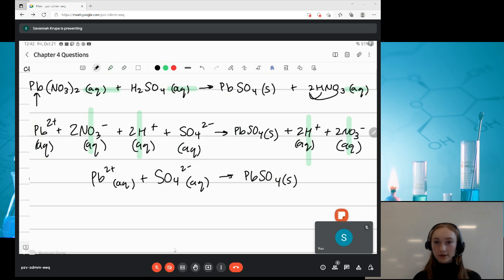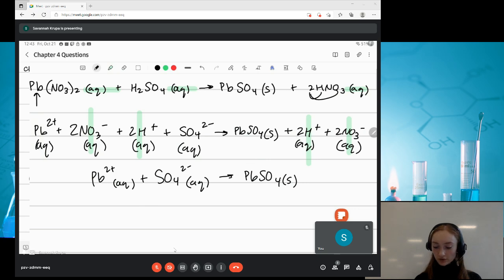And it's also important to note when you're looking at the net ionic equation that you have the same number of atoms that you have on the left and the right, and it makes sense that nothing is created and nothing is destroyed. The lead needs to occur on the left and the right, and it needs to be the same amount of it. So that's what the net ionic equation looks like.